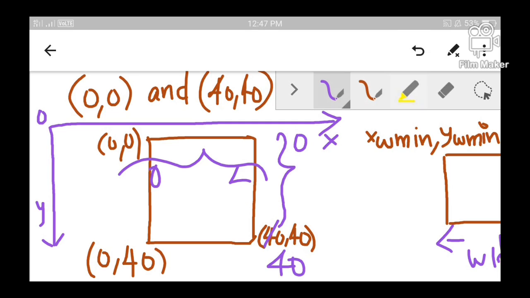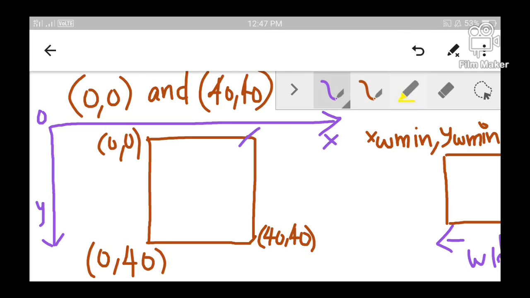So this point indicates that here x is 40 but y is 0. So in this way, given 2 points, x minimum, y minimum and x maximum, y maximum, you can draw a window with 4 corner points.